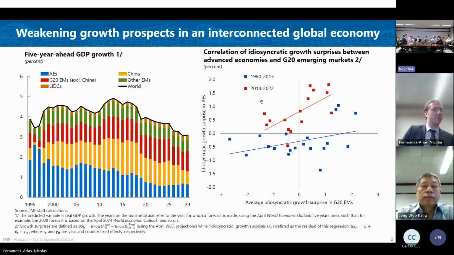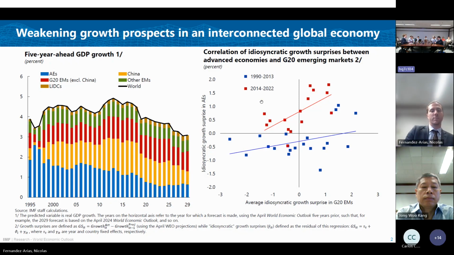First, this group of countries has consistently outgrown advanced economies over the past several decades, to the point where now the G20 emerging markets make up about one third of global output, and have significantly integrated more in trade and global value chains. At the same time, there appears to be a slowdown in growth prospects globally, with this group of countries contributing to that.